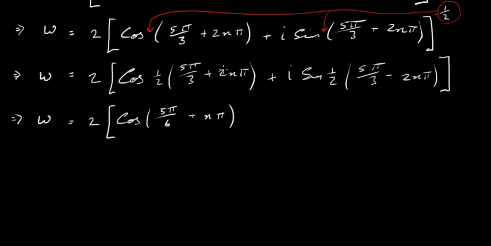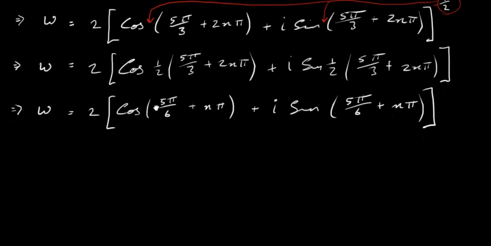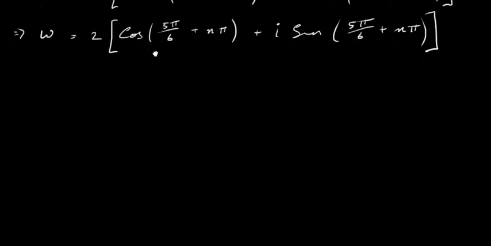So we get 1 n pi. And we're going to get the same thing over here. So it's i sine 5 pi over 6 plus n pi. Okay, and that's it really in terms of getting the square root of both sides.